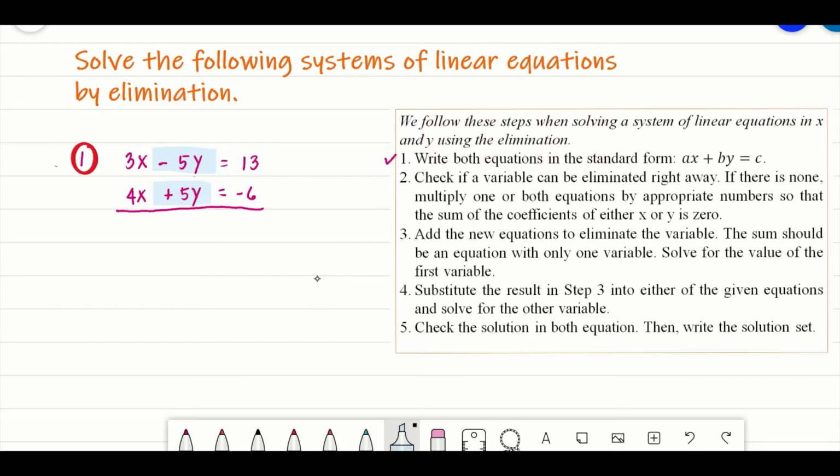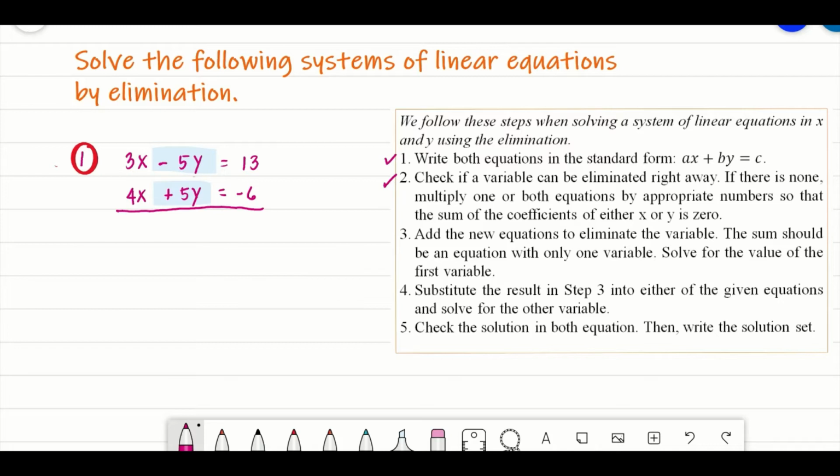Yes. So we can eliminate the variable y right away. We are done with step 2. Now let's proceed to step 3.